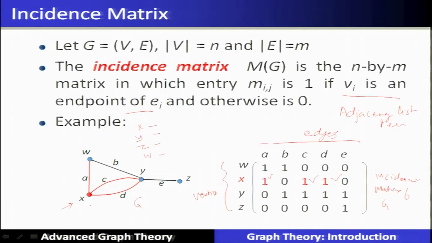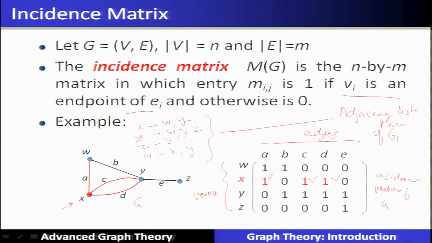For example, x will have its adjacency list as w and y, since it is adjacent only to w and y. Similarly, y is adjacent to w, x, and z. z is adjacent to y, and w is adjacent to x and y. Such a representation is called the adjacency list representation of a graph.